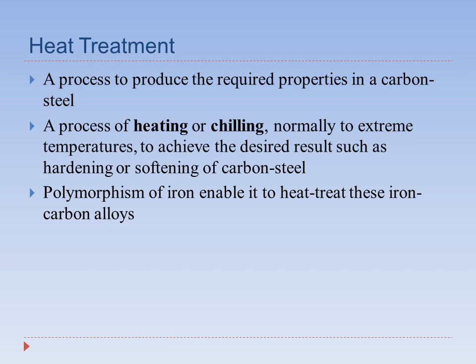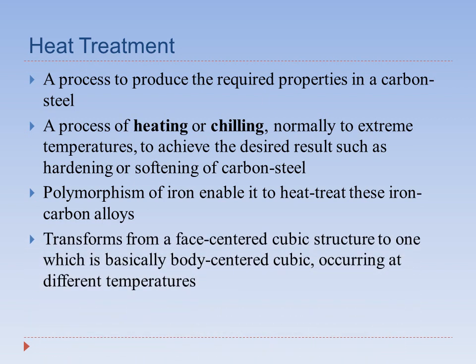Why does the heat treatment process bring variation in the properties of a material? The reason is the polymorphism of iron, which enables us to heat treat these carbon alloys. So what is polymorphism? Polymorphism is the transformation in the structure of iron from FCC to BCC or vice versa, and that occurs at different temperatures.